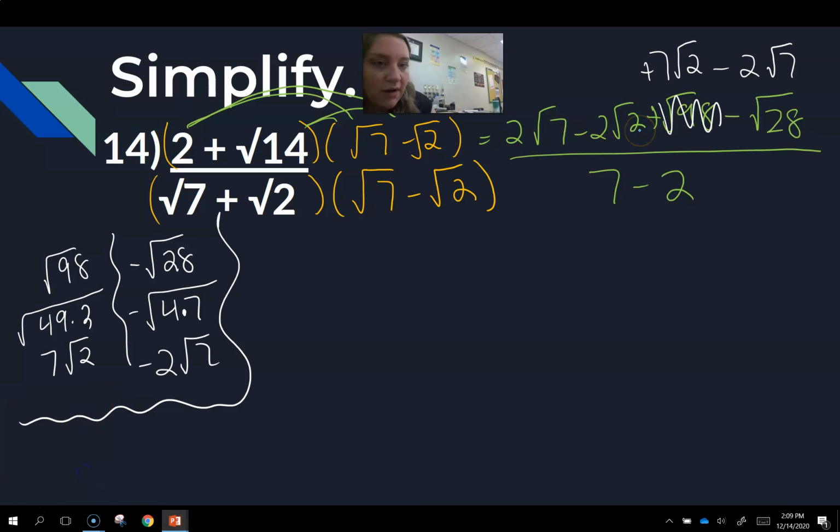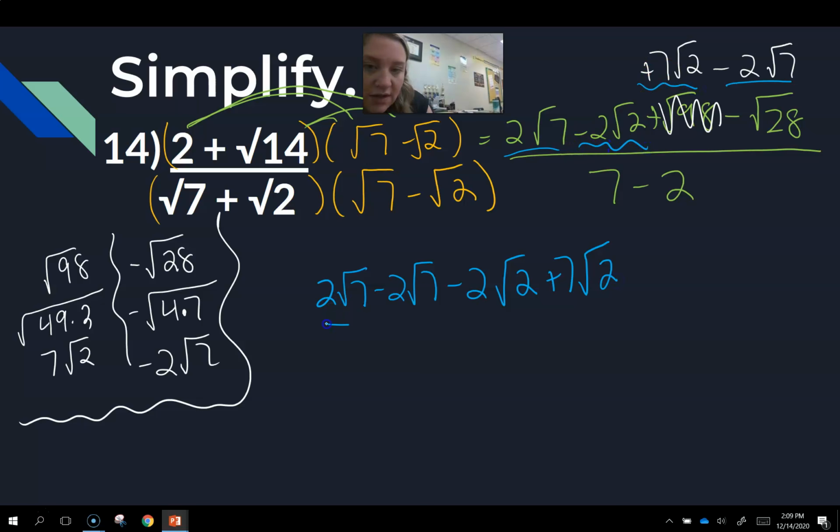Okay, so I have 2 square root 7. I also have minus 2 square root 7, right? Boom, boom. And then I have minus 2 square root 2 and positive 7 square root 2. This one and this one. All over 7 minus 2, which is just 5.